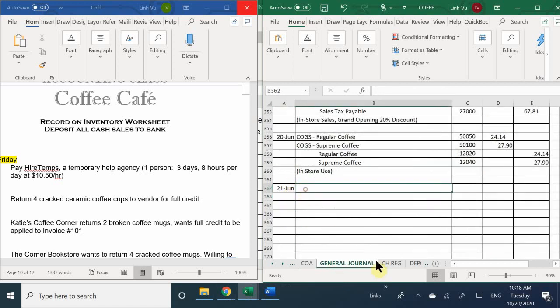All right, so we have hired a temporary labor. Okay, and how are we paying them? Yes, we're going to be using a check. So that was 6520, I believe, and 10100.